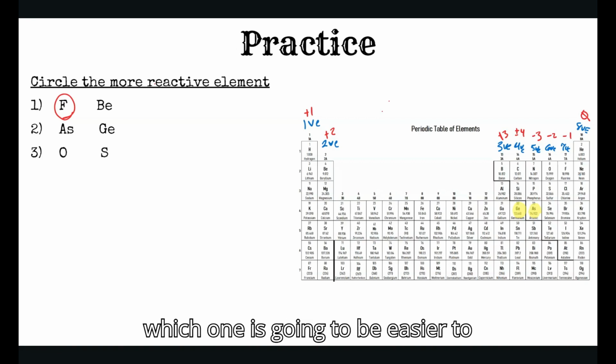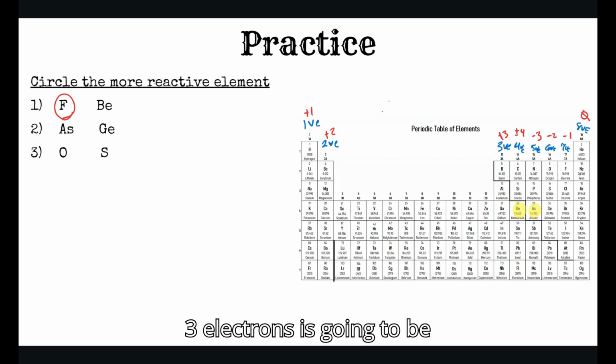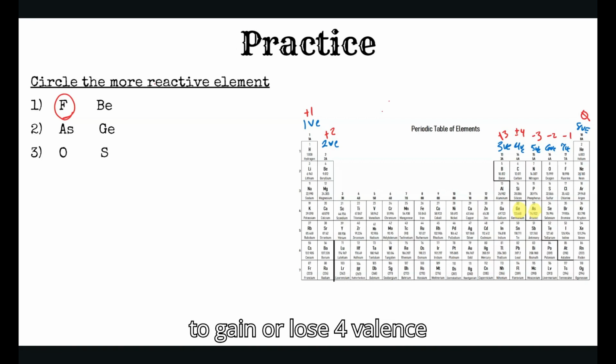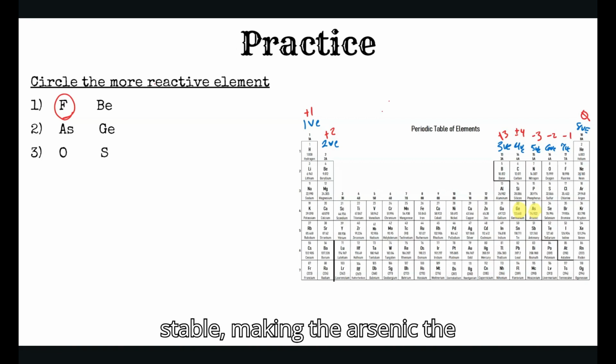So asking yourself which one is going to be easier to achieve, we should come to the conclusion that our arsenic gaining 3 electrons is going to be easier than the germanium having to gain or lose 4 valence electrons. So our arsenic will be able to quickly gain 3 more valence electrons in order to become stable, making the arsenic the more reactive element.